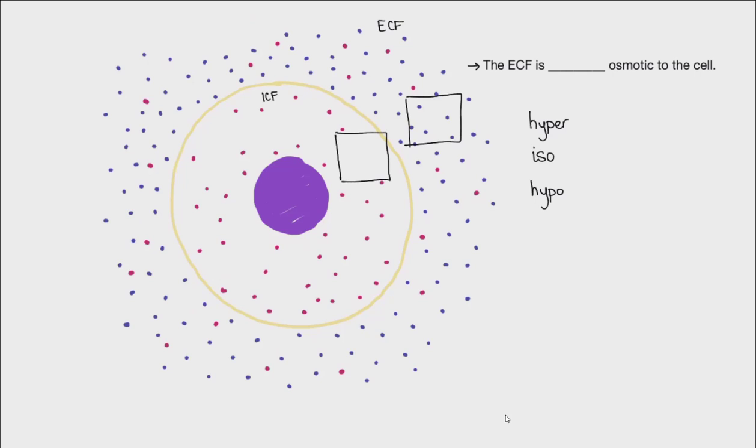So clearly my extracellular fluid has more than my intracellular fluid. There's less. So to complete this sentence, I am going to say that the extracellular fluid has more stuff than the cell, and therefore it is hyperosmotic. Let's look at another example.